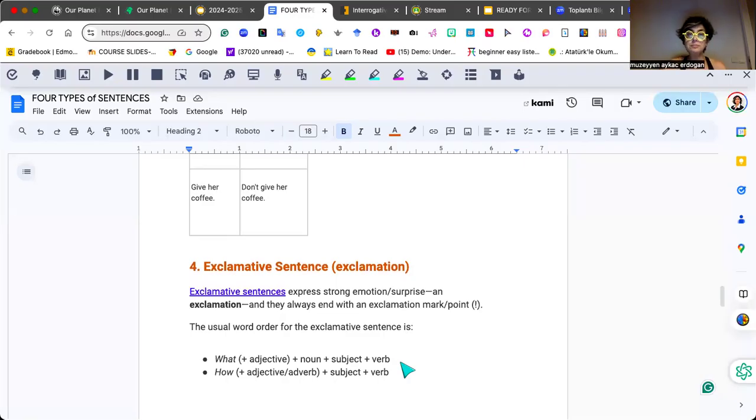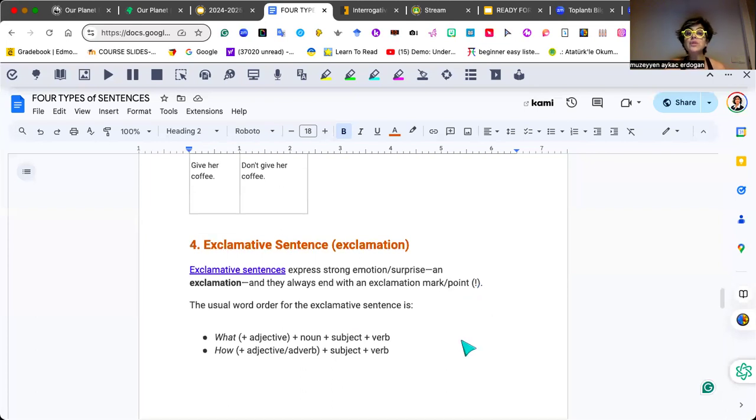So that's why after writing or telling these kinds of sentences, we use the exclamation mark, or exclamation point, as you see here in parentheses. So the usual word order or formulation for this kind of sentence type is as you see here. Okay, friends?